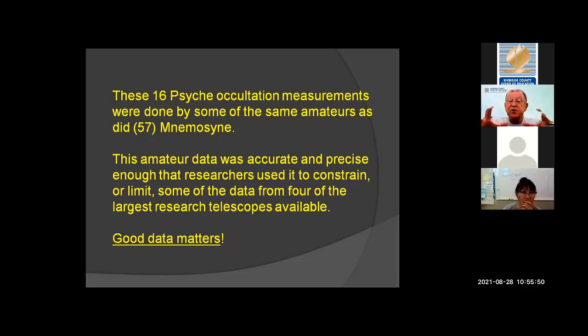They put all of this together to try to get the best pictures and ideas of the asteroid they can, so that when they go up there with a spacecraft, they've got the best chance of doing what they want to. Again, good data matters, and these were amateurs doing this. This isn't something that took a $1 billion telescope to do. These are all amateur things. So your projects might just be able to help too, depending on what you're doing.